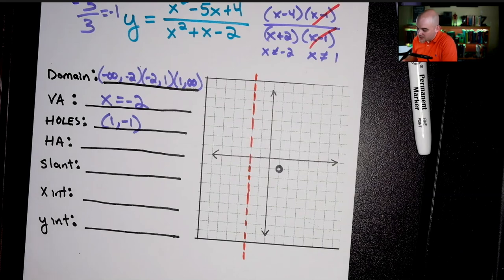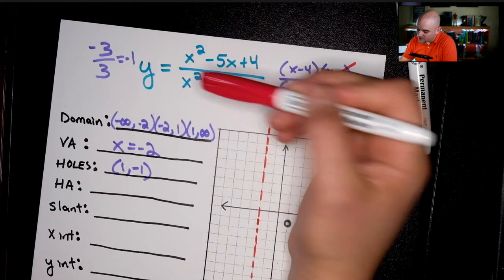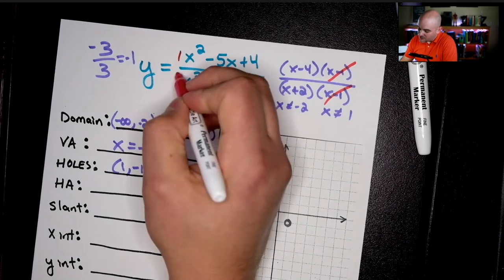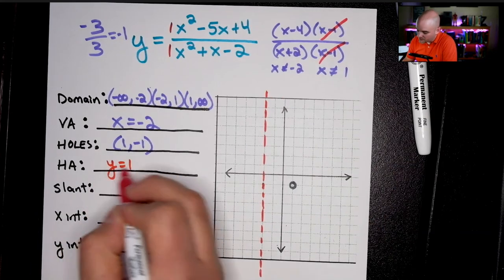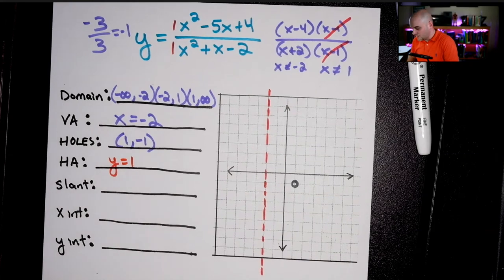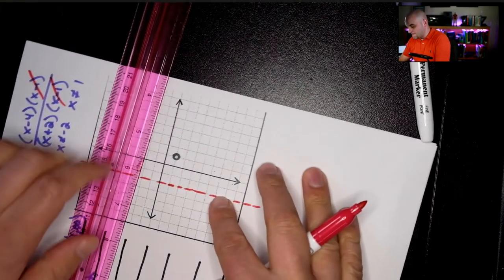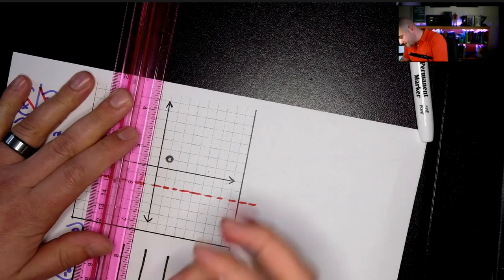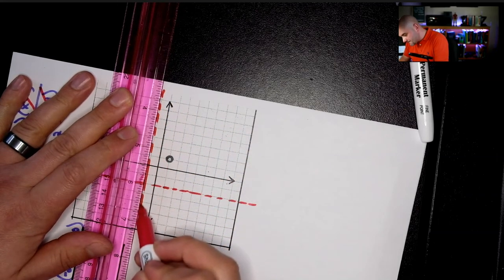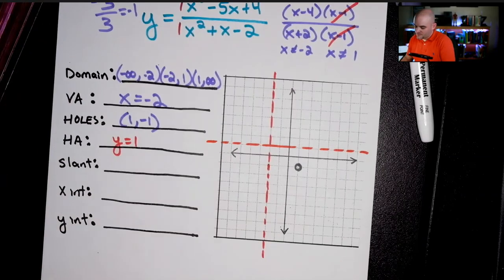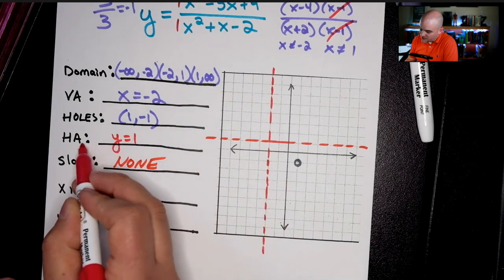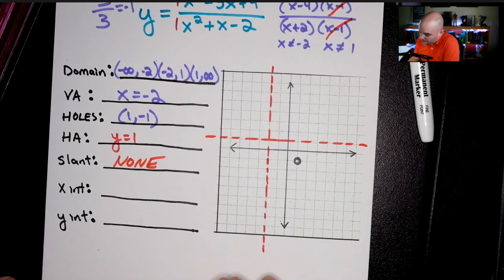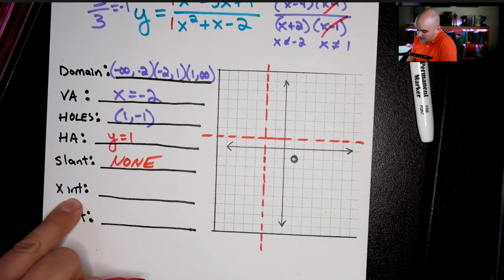Now the horizontal asymptote, because these degrees are the same, you take the ratio of the coefficients, which is going to be 1. So it's going to be y equals 1. Look at that, I always switch colors there for some reason. Let's go ahead and graph that. There we go. That also means I have no slants there, because you can't have a horizontal and a slant at the same time.